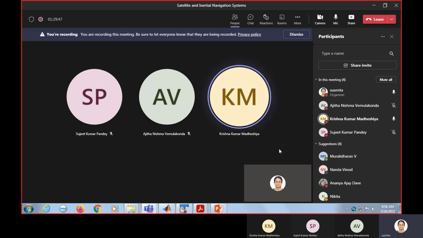Actually our system has a 10.23 megahertz main oscillator. Yes. We use frequency multiplier or frequency division. We can multiply it. That is the job of the synthesizer. We are not discussing the synthesizer. We are discussing how the 10.23 megahertz signal is generated.